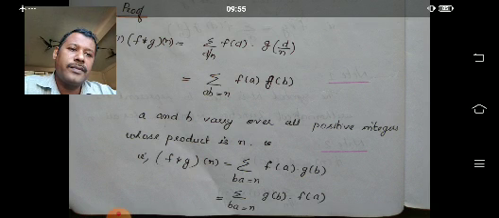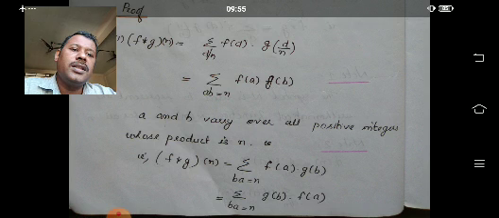That is, f star g equals, you know that ab equals ba, the summation over ba equal to n of f(a) g(b).